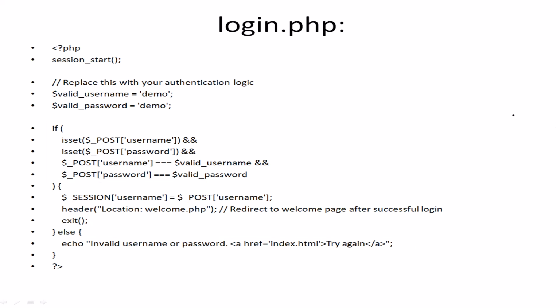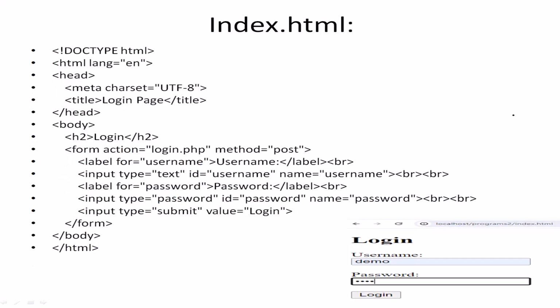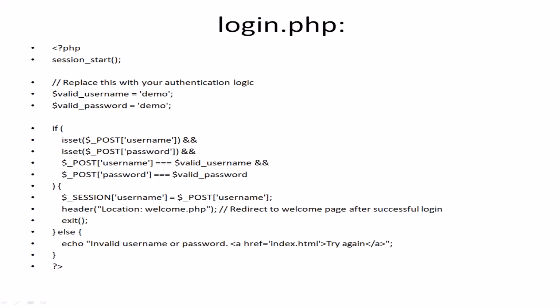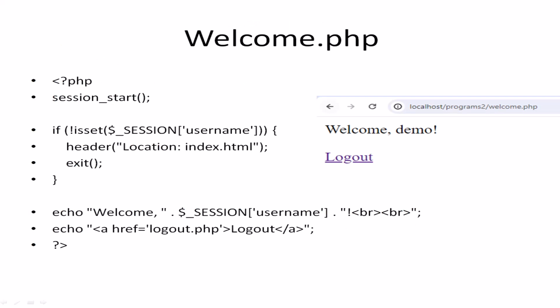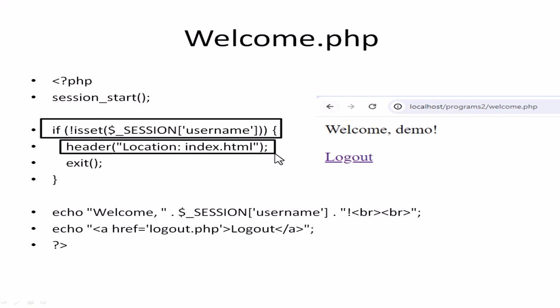Before that we have an index.html, so this particular page will be redirected again. Next, welcome.php is a page where it is going to show the session username. Whatever username you have typed will be shown. The header will be added as index.html.